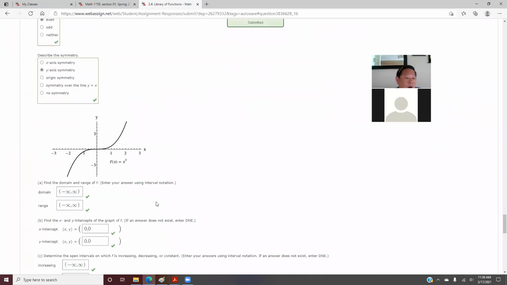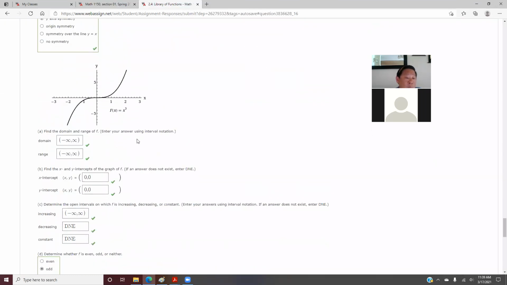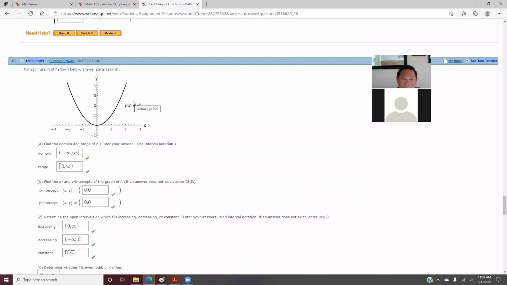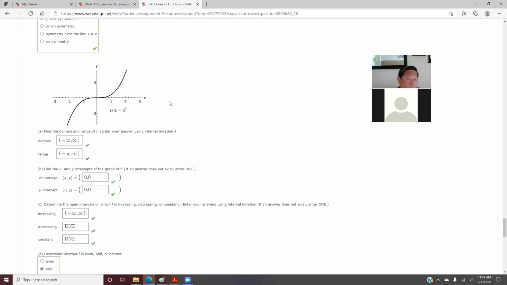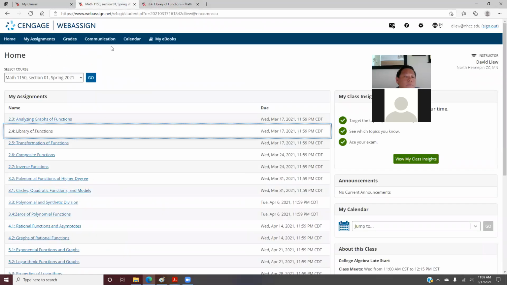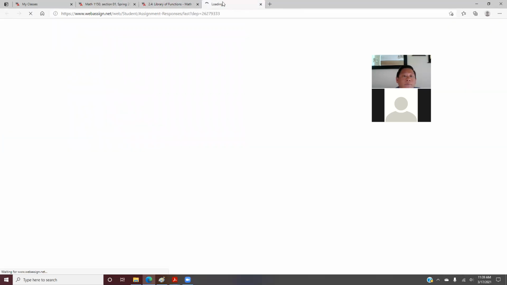You have to know that x squared has this property, and x cubed, and then x to the 4th has the same as x squared. So again, even powers 2, 4, 6, 8, and odd powers 3, 5, 7 will have these properties. You okay? Yep.